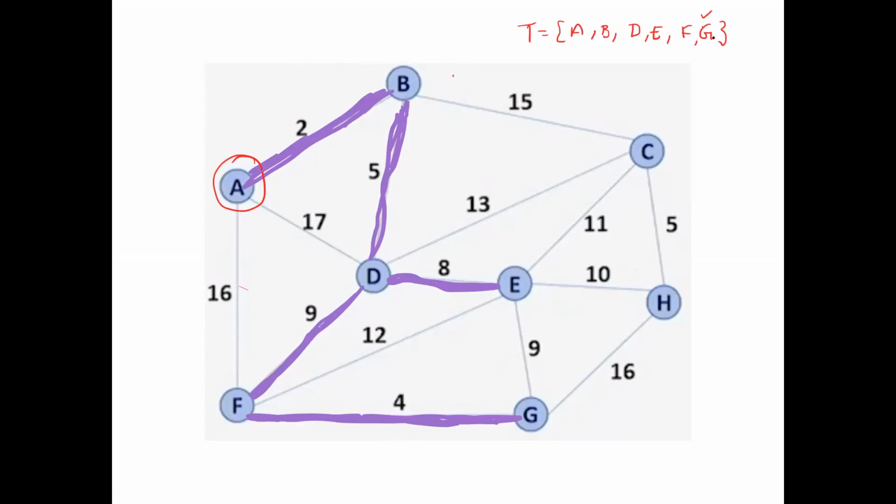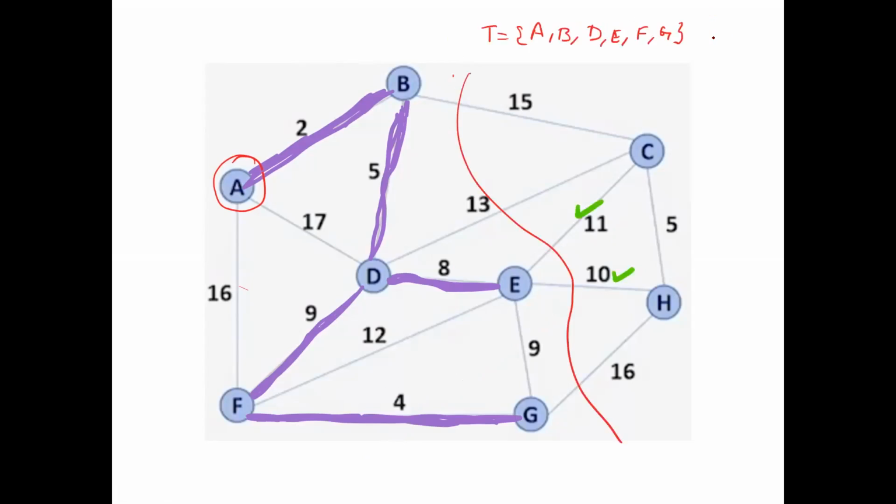Now the set of vertices will involve G also in the final set. Again creating the partition having this set T of vertices and the remaining vertices. For vertex H there are two possible edges connecting H to the set T: one is HE, another is HG. Out of these two, 10 is the minimum cost edge, so we will consider this edge.